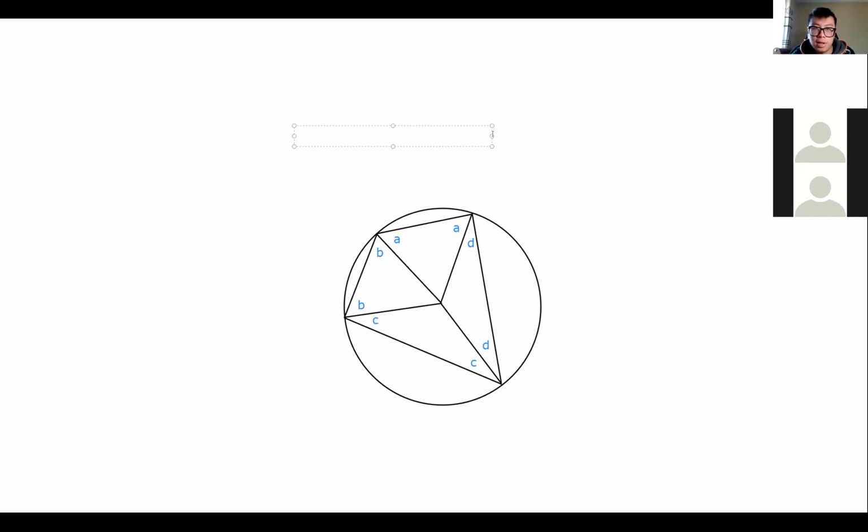So let's make an equation for that. A plus A plus B plus B plus C plus C plus D plus D equals 360 degrees. We can combine some of these terms. We can make that 2A, B plus B is 2B, and it's 2C and 2D.